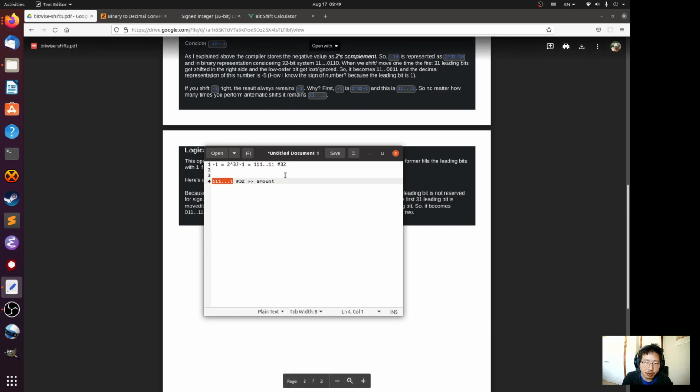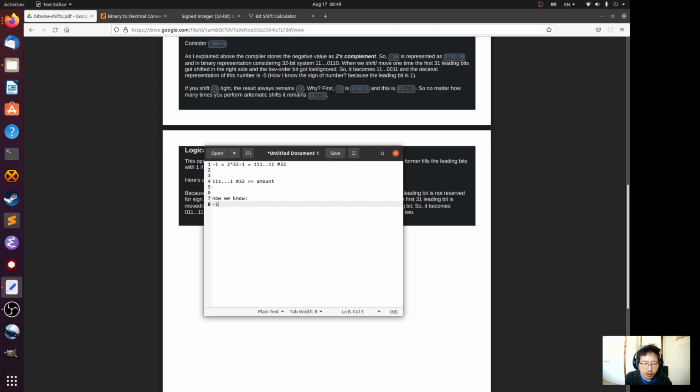Okay, so now we know that minus 1 right shifted, well, it has to be arithmetic shift, by any amount is actually minus 1. It stays minus 1.